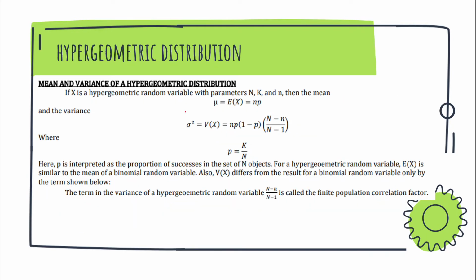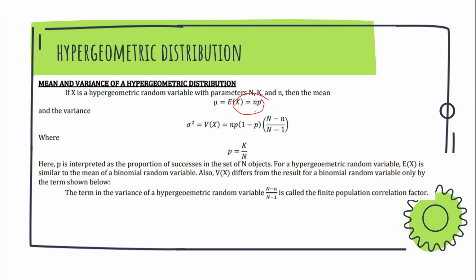Alright, so we have here the mean and variance of the hypergeometric distribution. If X is the hypergeometric random variable with parameters N, K, and n, then the mean mu is equal to the expected value of X, which is equal to n times p.